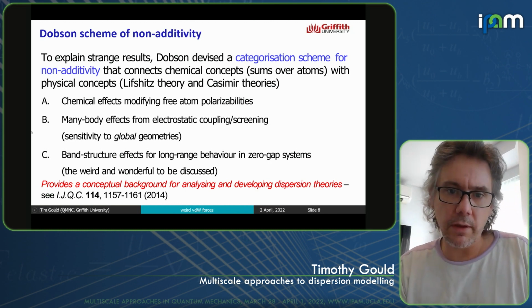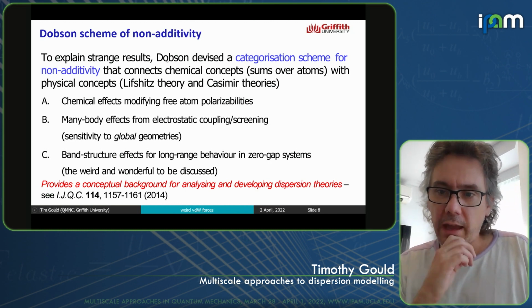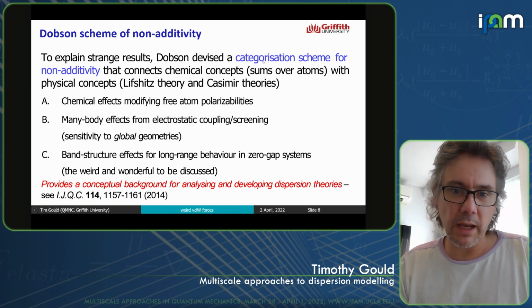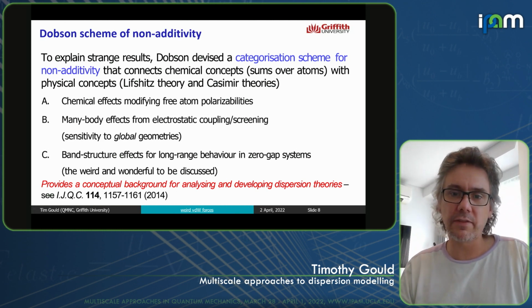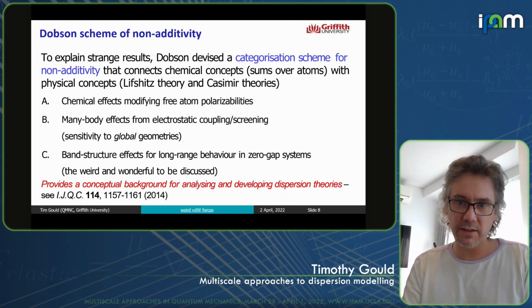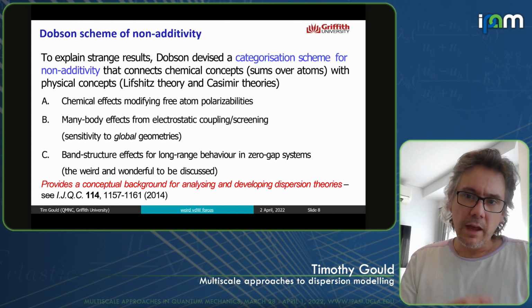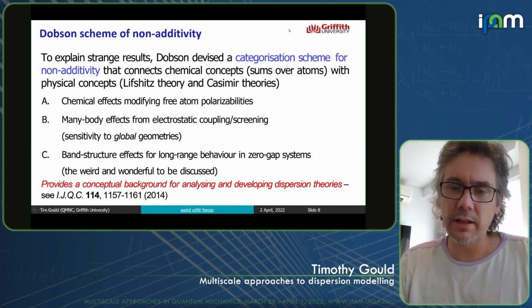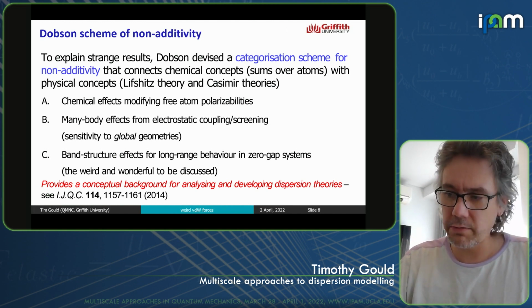So I've worked a long time with Professor John Dobson, and after many years of him being perplexed and trying to marry chemical concepts with more solid state concepts like Lifshitz theory and Casimir theories, he broke down this idea of non-additivity and these weird effects into three types.